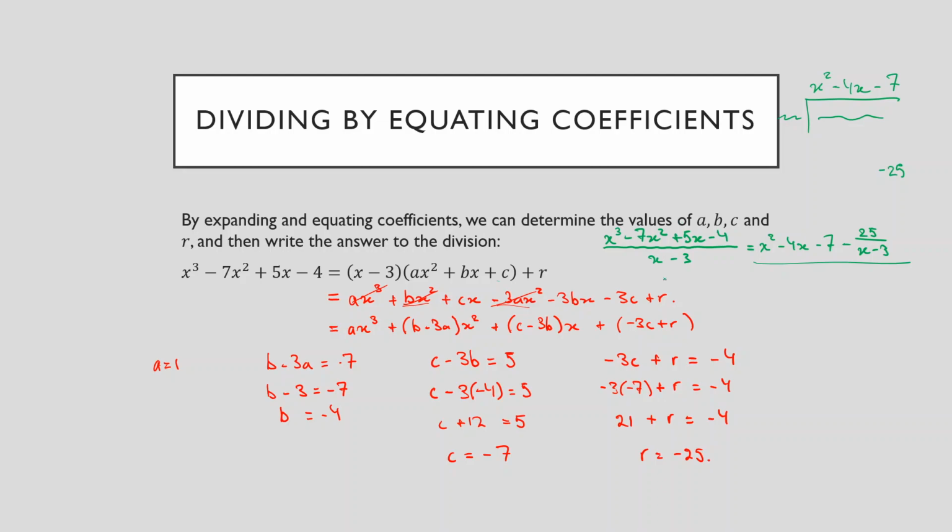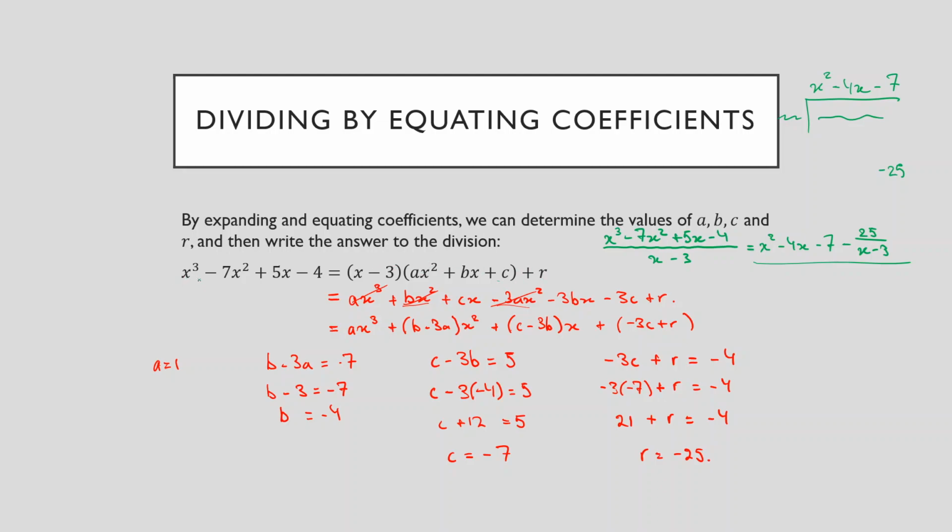And notice we actually didn't even do any division to work that out. We simply used the fact that we know that we're going to get a quotient that would be a quadratic. The quadratic would have coefficients of some kind, a, b, and c, and there might or might not be a remainder at the end. Then we've just expanded all of this out.